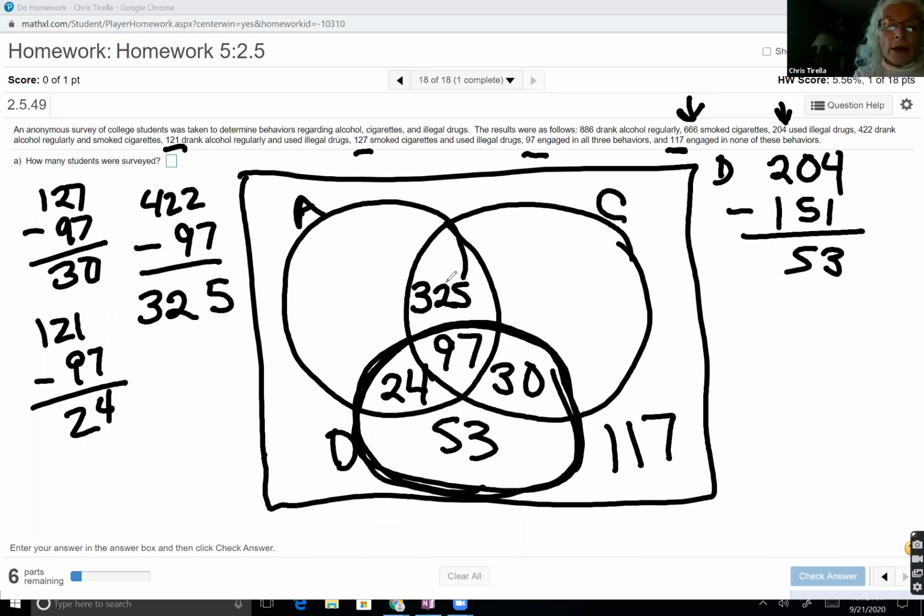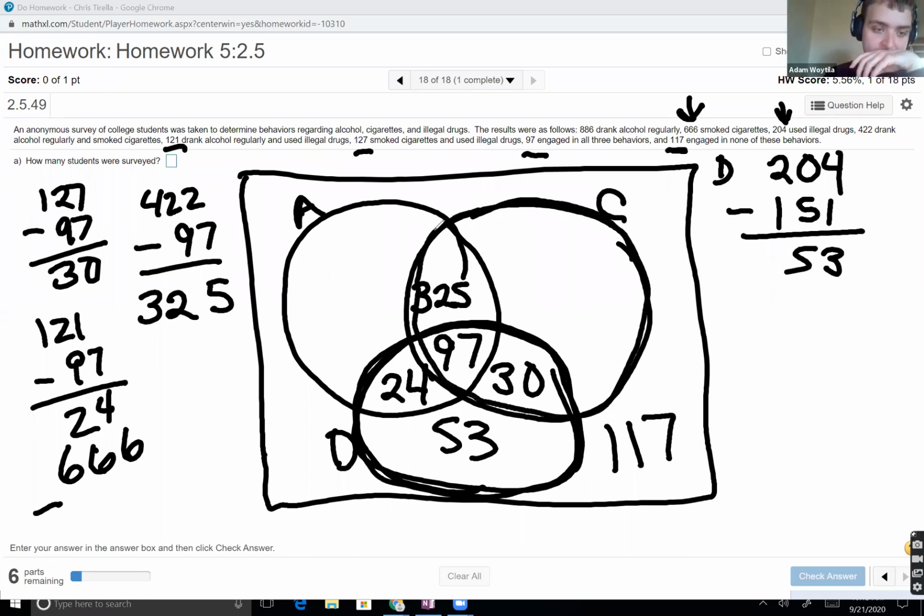When I take 325 plus 97 plus 30, that's 452.